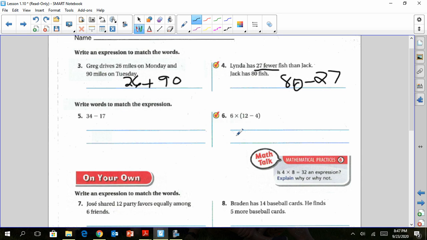Number 6, you would need to come up with a story problem. Here, you started with $12 and maybe took 4 away, and you did that 6 times. So you have to start with something and then get rid of it and then multiply it 6 times. So every day, Mr. Reindell would put $12 in his pocket.